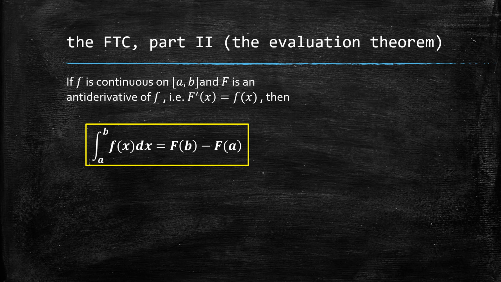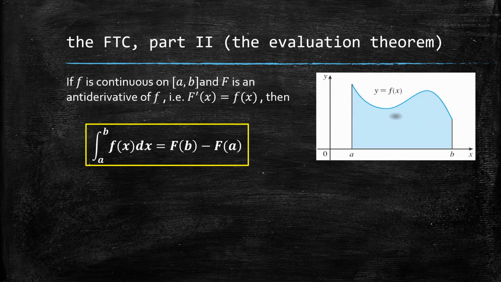And why is this useful? Because once again, it gives us a way to calculate the area under any curve as long as we can find that curve's antiderivative.